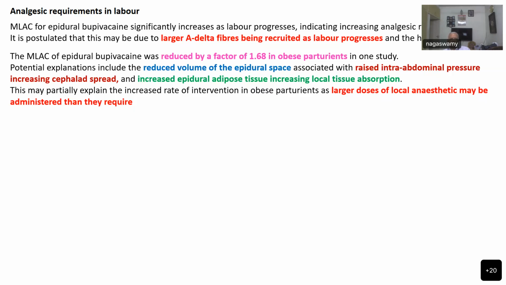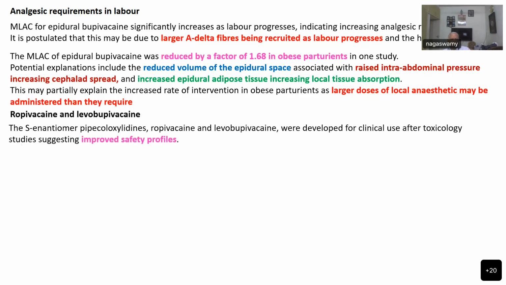This may partially explain the increased rate of intervention in obese participants, as larger doses are likely to be given. We give more than what is required. So this study has proved that we have to give lesser doses and not the normal dose as we give for other patients. And these two drugs, ropivacaine and levobupivacaine, have been found to be the safest drugs.